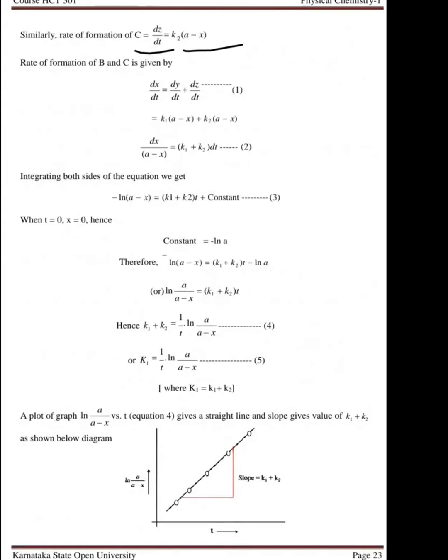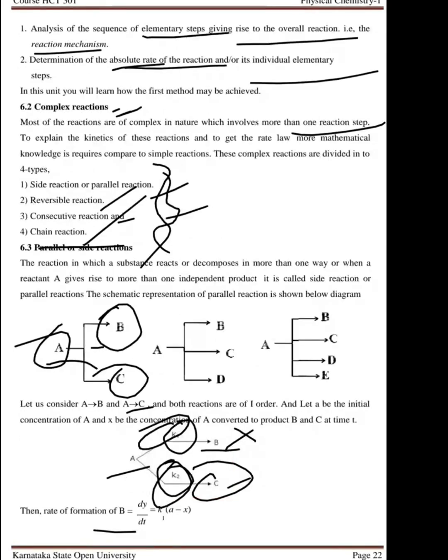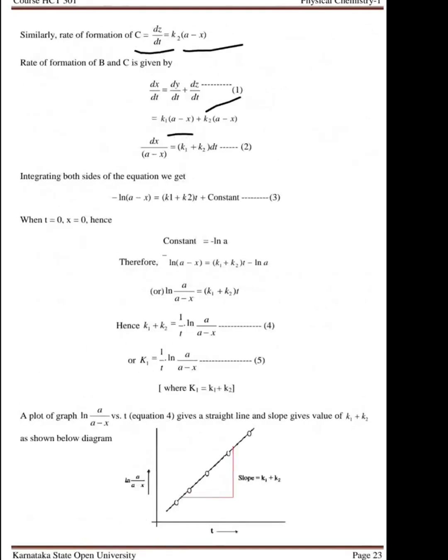So here the rate of formation can be given as dx by dt, which is the sum of dy by dt and dz by dt. So dy by dt is nothing but K1 into A minus X, from the previous reaction what we have got here, plus K2 into A minus X for dz by dt.